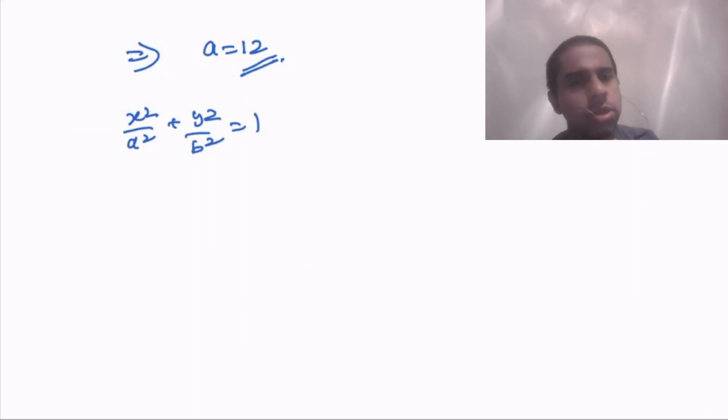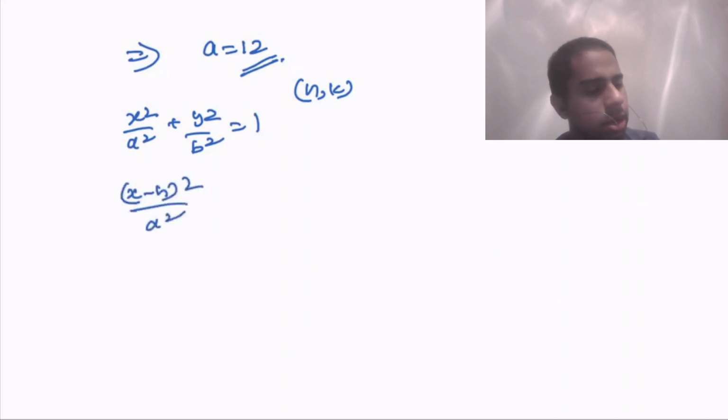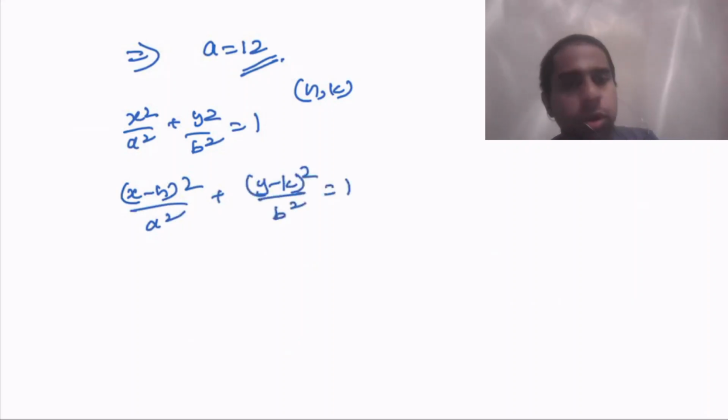If the center is not 0 comma 0, let the center be some h comma k, but it is still equidistant from the focus point which is given and everything. Then x minus h the whole square by a square plus y minus k the whole square by b square equal to 1.